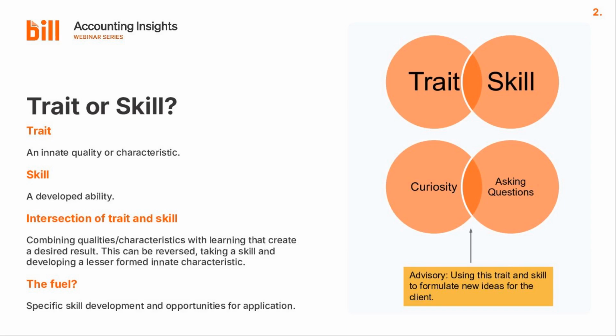I like to look for the intersection of trait and skill, because that's where I see advisory. Advisory is that intersection, combining qualities and characteristics with learned skill and developing ability that actually gets you to the result you're desiring. And I've already mentioned that this can be reversed.